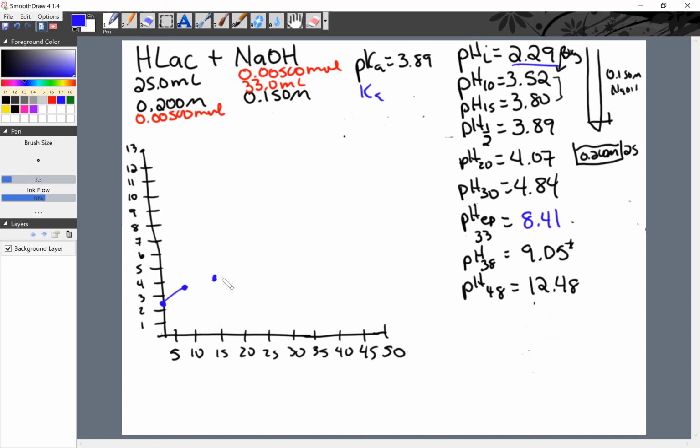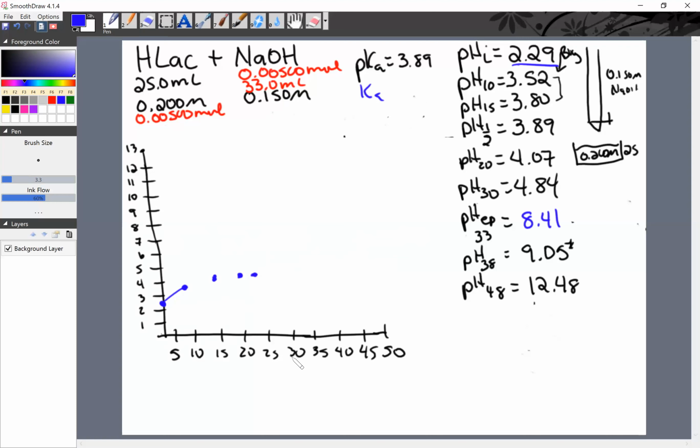And then the halfway point, which is about right here, is 3.8. Wow, my scaling really stinks, but you get the idea. 3.89, and then 4.07. Where's that? 20 milliliters.